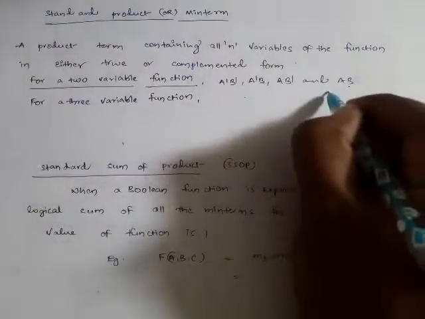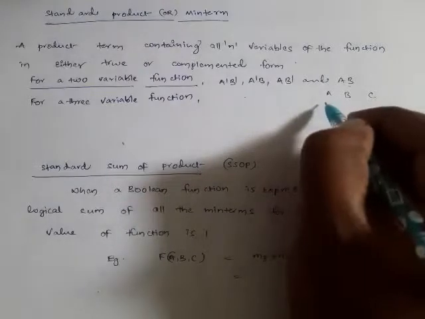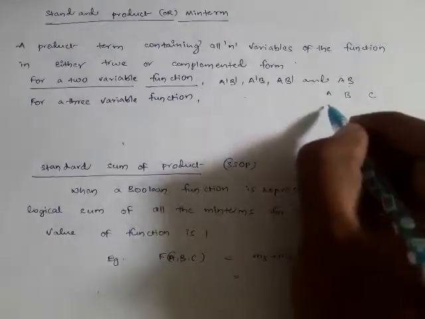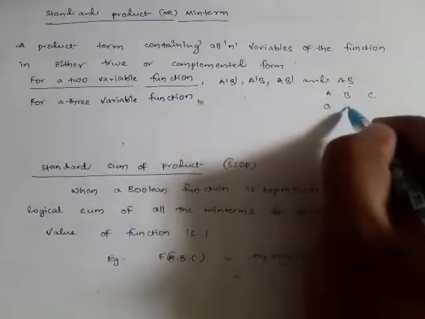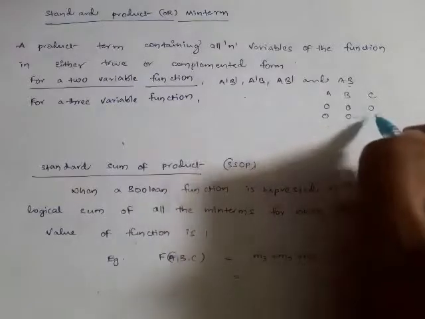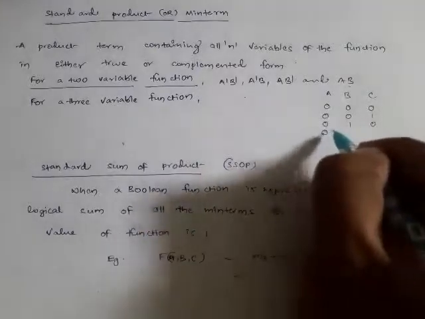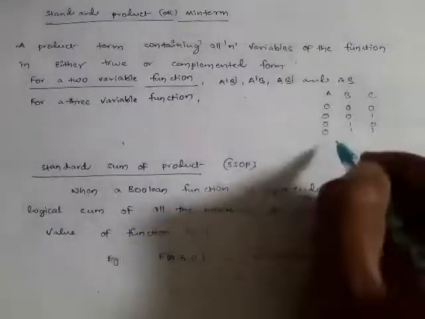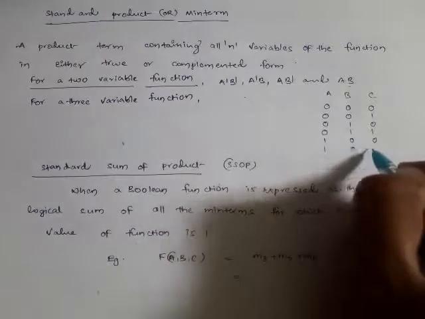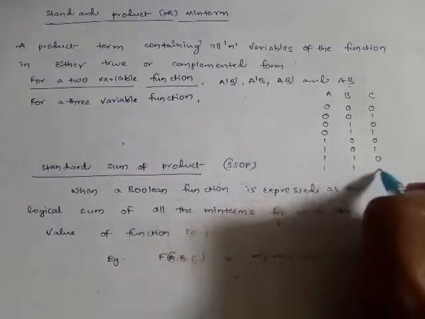We will write a, b, c, and list out all possible combinations for the three variables: 0 0 0, 0 0 1, 0 1 0, 0 1 1, 1 0 0, 1 0 1, 1 1 0, 1 1 1.